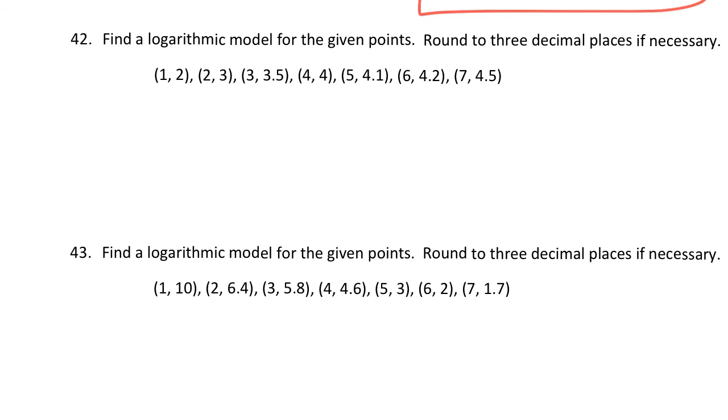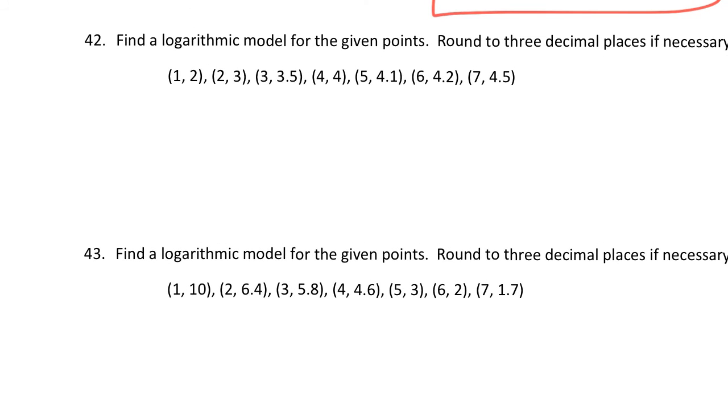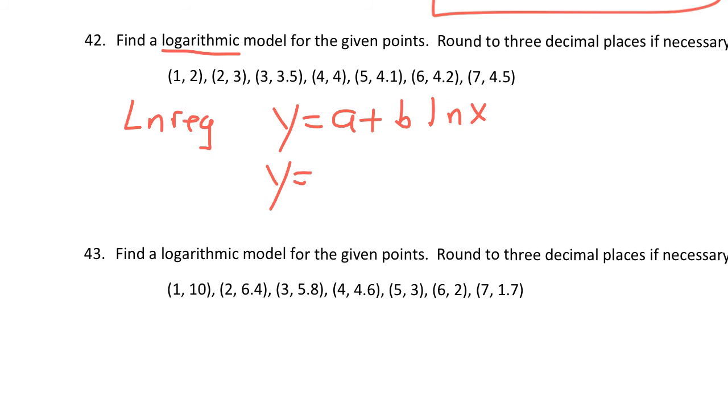On 42, we want to find the logarithmic model. Now, don't get that confused with the logistic model. The model you're looking for to do logarithms is the natural log regression. So when I go there, it says the model is y equals a plus b times the natural log of x. Only we know what a and b are after we put the numbers in.